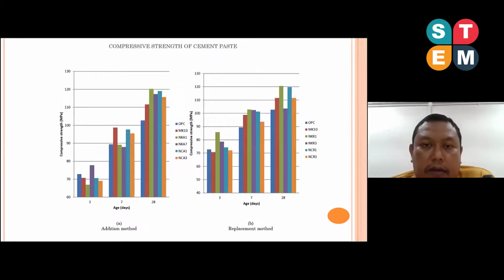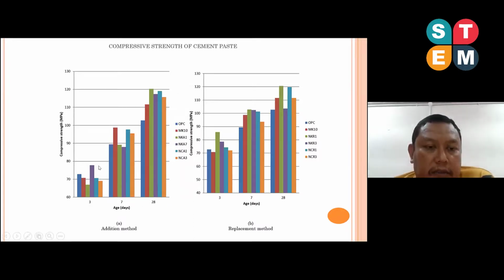Okay, right. So the final figures represent the compressive strength of cement paste at day 3, 7, and 28. A represents the addition method and B represents the replacement method. We can see a very different style of strength development between the addition and replacement methods.